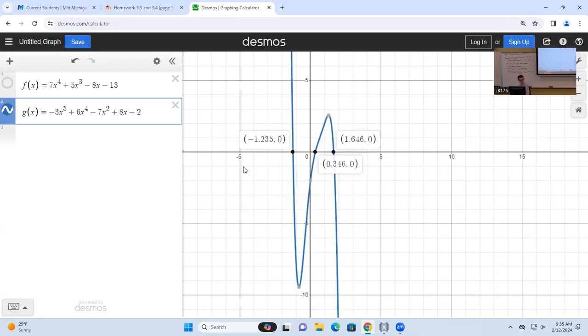Those are kind of ugly numbers, so we won't worry about where they come from now. But if we had to identify those, we could just look at a graph and say, yeah, the x-intercepts are the points where my graph hits the x-axis.